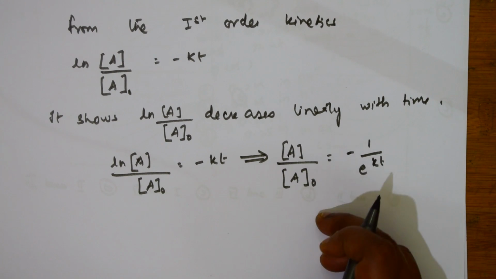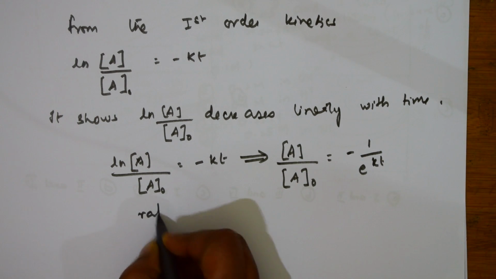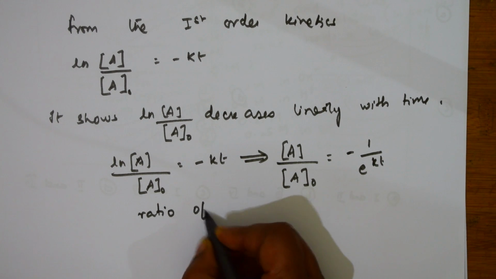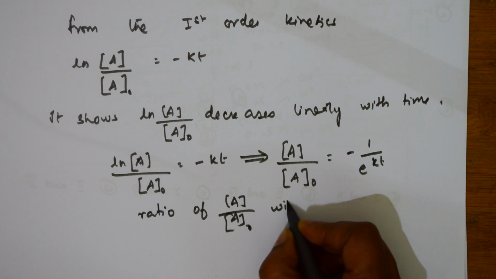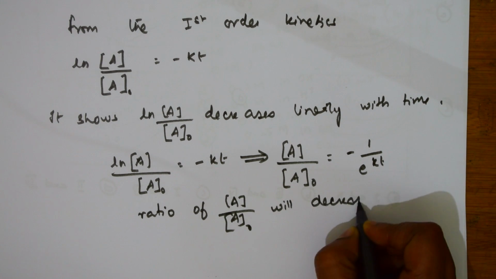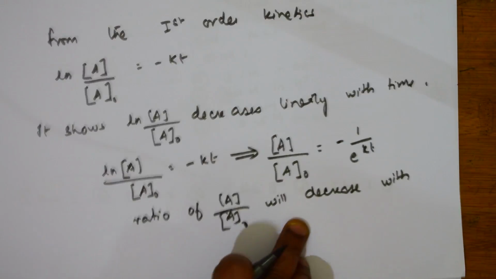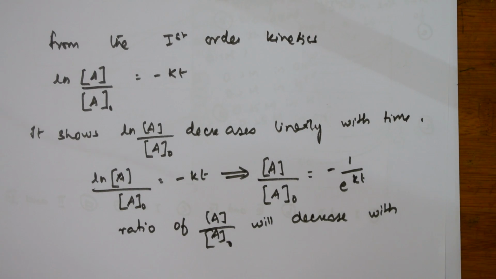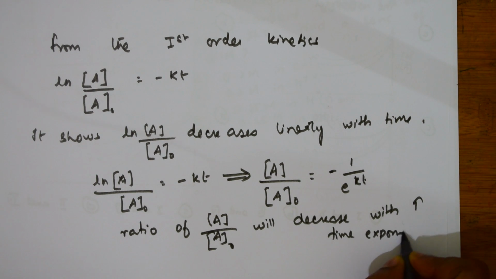This ratio will decrease with increase in time, but exponentially. So let us write that also. According to this formula, ratio of A by A naught will decrease with increase in time exponentially. This is what is important, right? So this is the concept according to the graph.